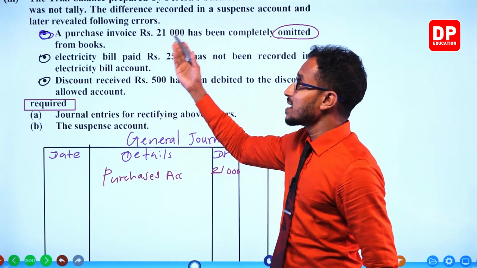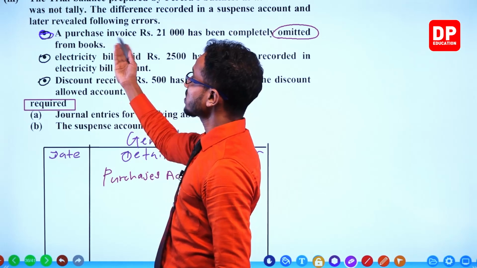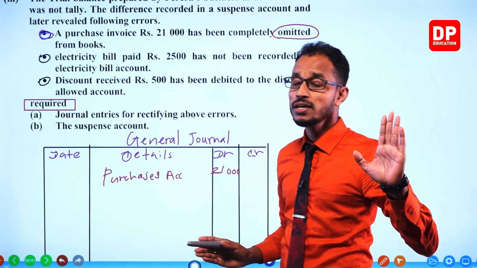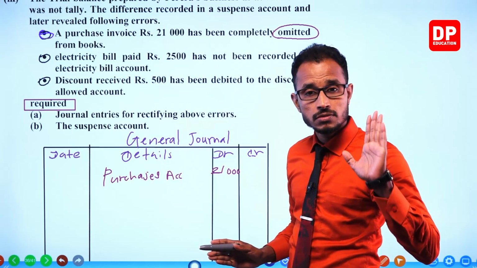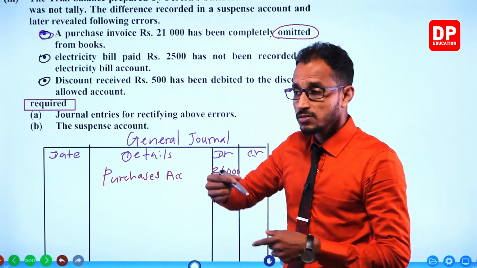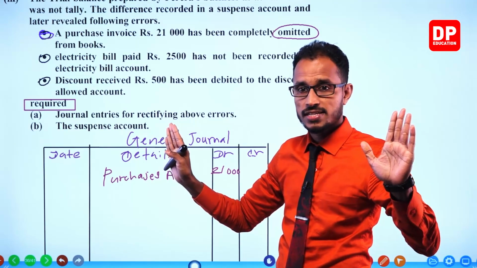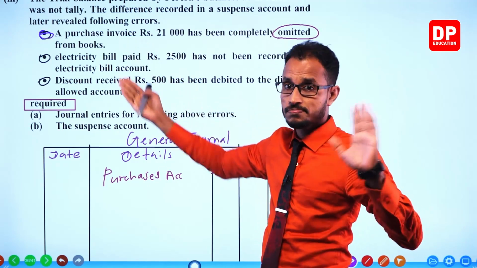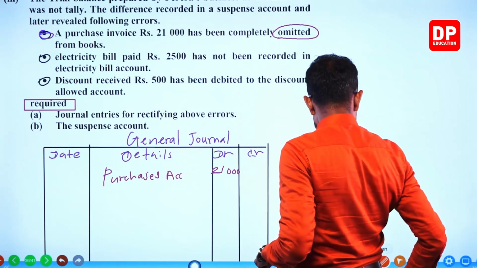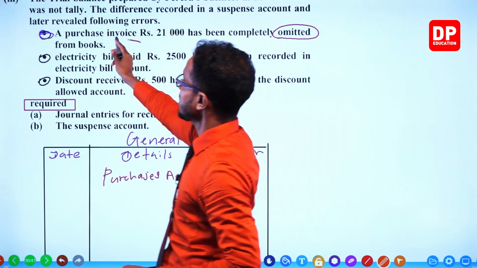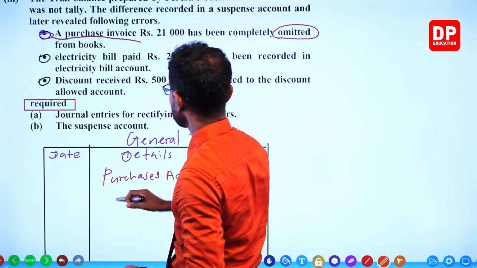Didn't I say that purchase invoices are not issued for cash purchases? If you purchase goods and pay cash then and there, that source document is not needed. This source document is needed for a credit purchase, okay? Purchase invoice.